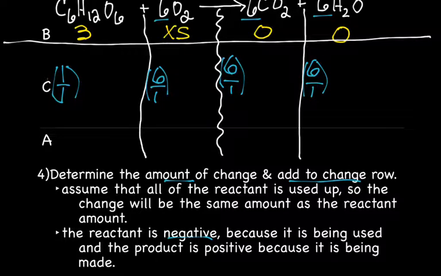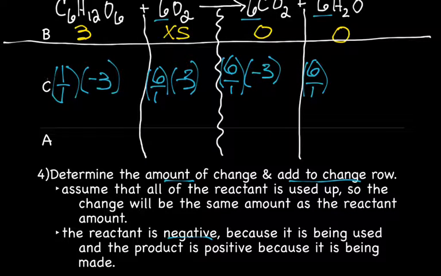For C6H12O6, that's our given, so we used negative 3 moles. Then we used negative 3 moles of O2, and we're adding 3 moles of CO2, and we're adding 3 moles of H2O.